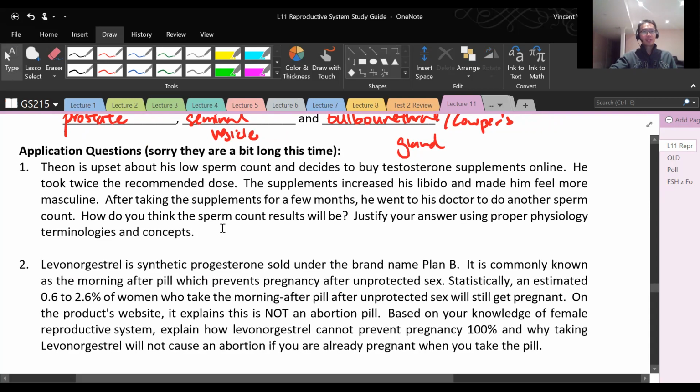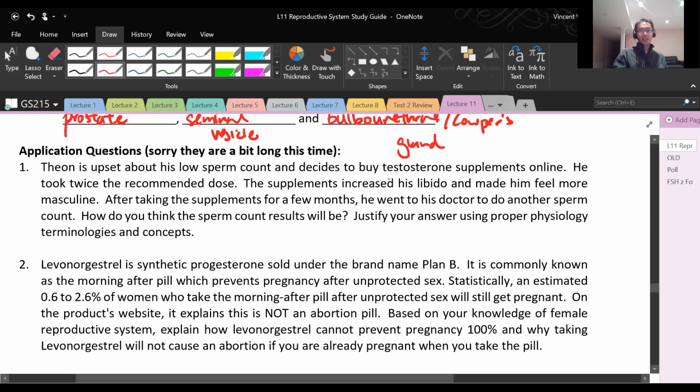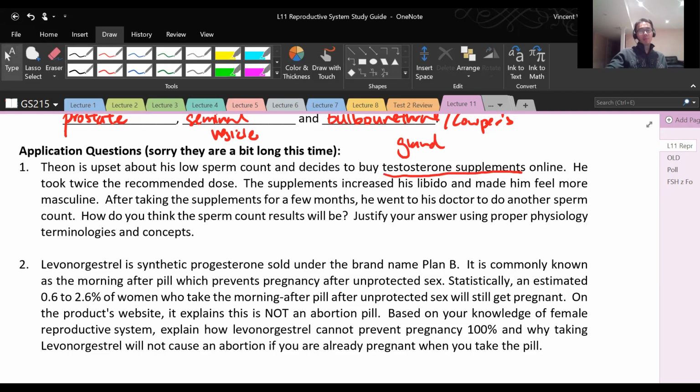What do you think? Do you think his sperm count is going to go up, stay the same, or go down? Why? Does anybody want to tell me? Will taking the testosterone supplement help with spermatogenesis?